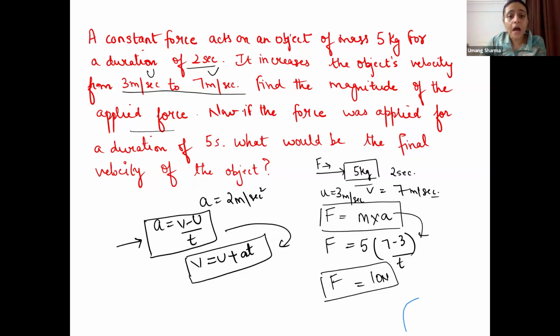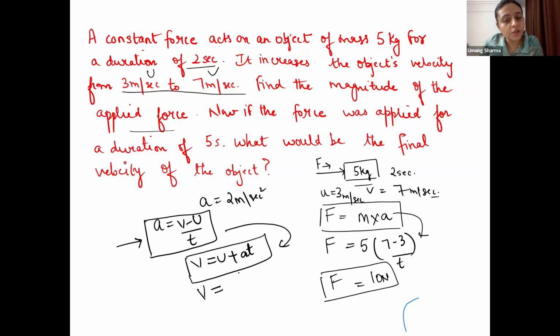Now it is asking, if the force was applied for a duration of 5 seconds, what would be the final velocity of the object? So here we have calculated first the acceleration because we need the acceleration for this formula: V equals U plus AT. Now we will calculate this one.